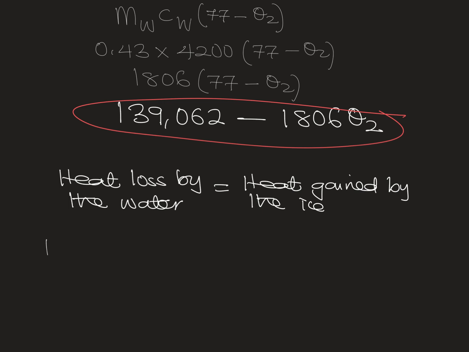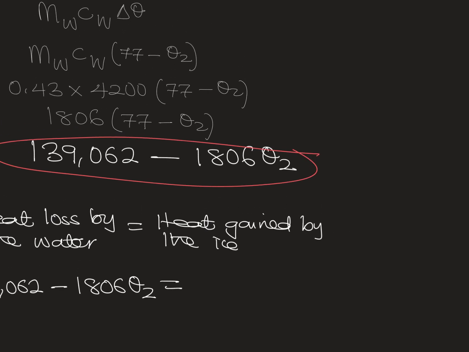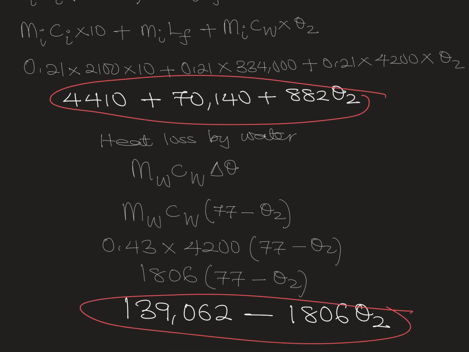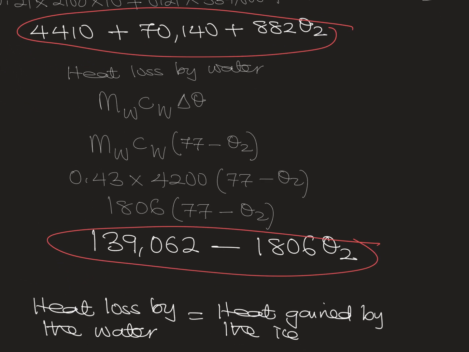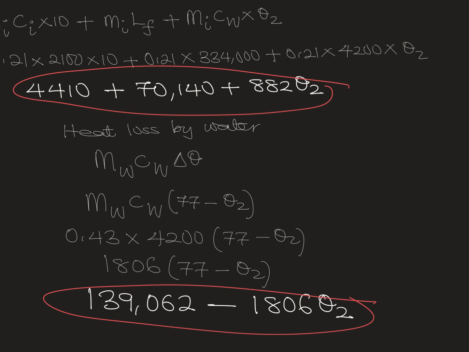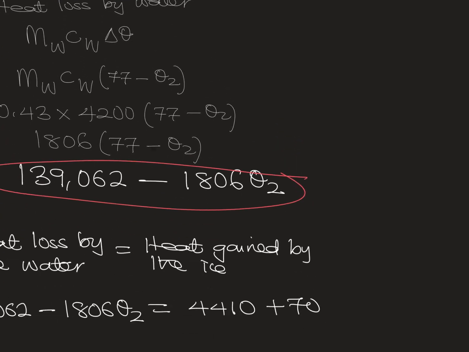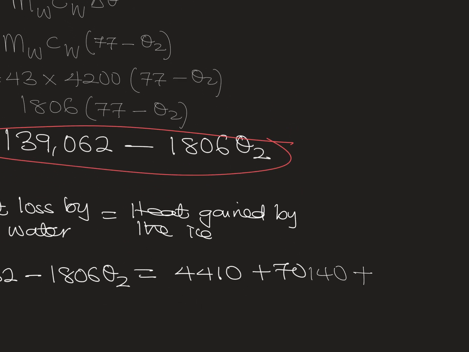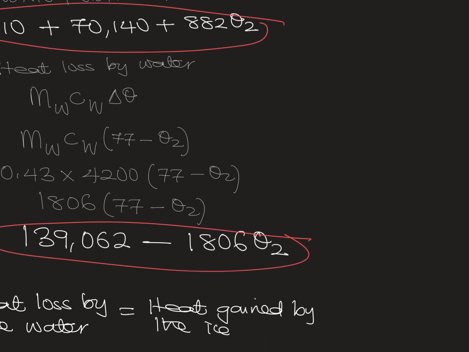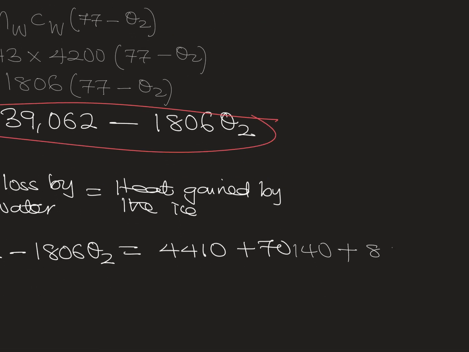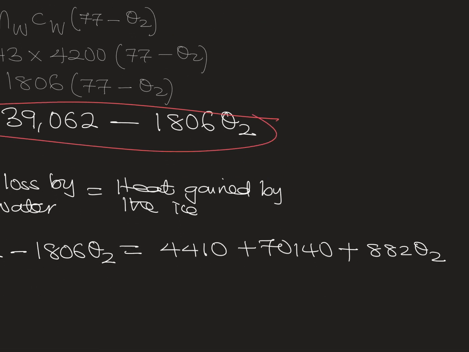It is 139,062 minus 1,806 theta 2. This is equal to the heat gain by the ice, which is 4,410 plus 70,140 plus 882 theta 2.